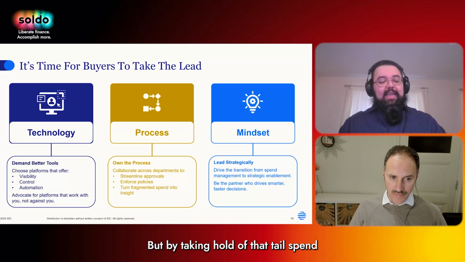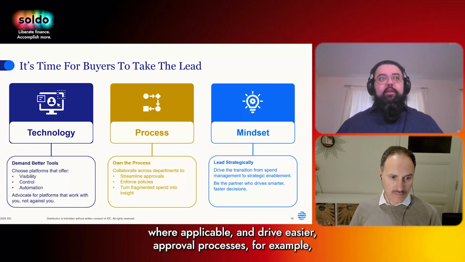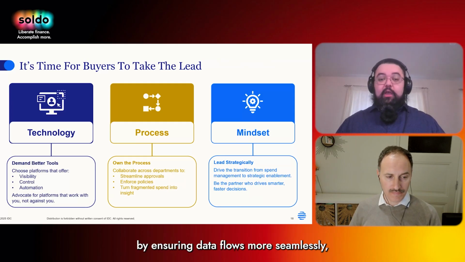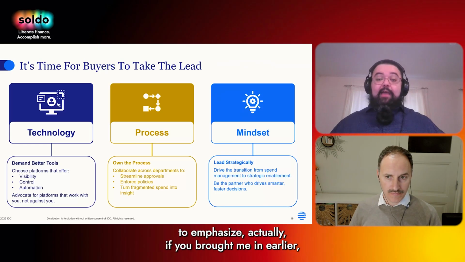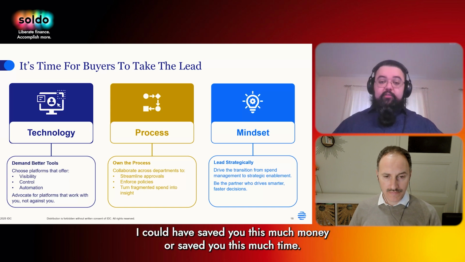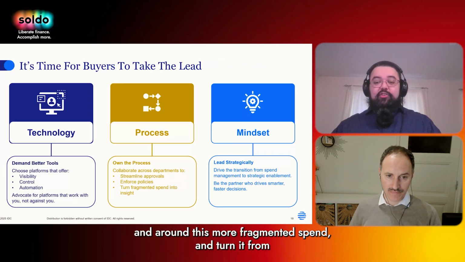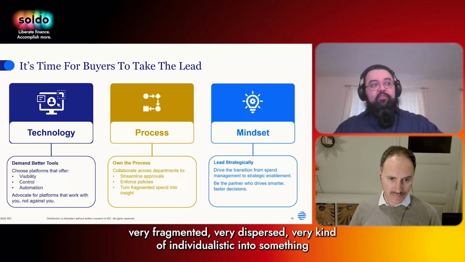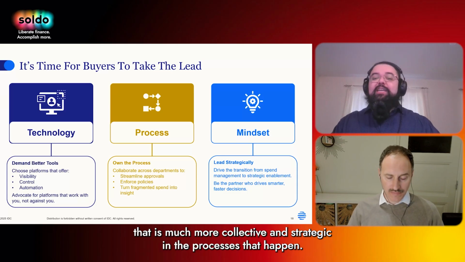But by taking hold of that tail spend and bringing in clearer policies, automating as much as possible where applicable, driving easier approval processes, and ensuring data flows more seamlessly, not just from the internal stakeholder to the buyer, but also back again to emphasize, actually, if you'd brought me in earlier, I could have saved you this much money or this much time, that can help build a much more robust ecosystem around this more fragmented spend and turn it from very fragmented, very dispersed, very individualistic into something much more collective and strategic.